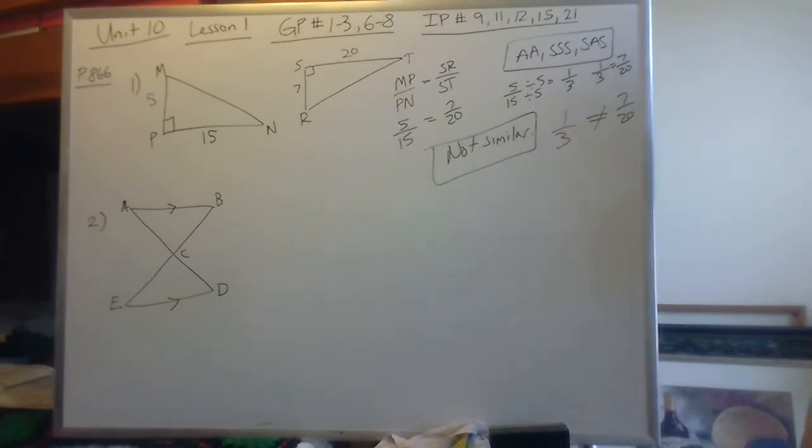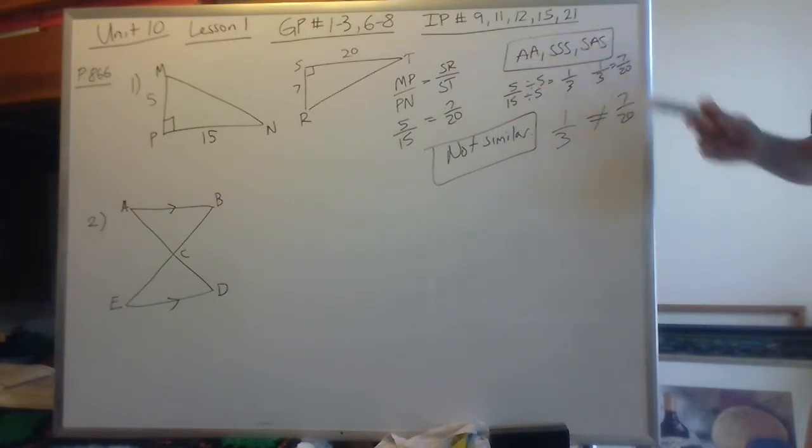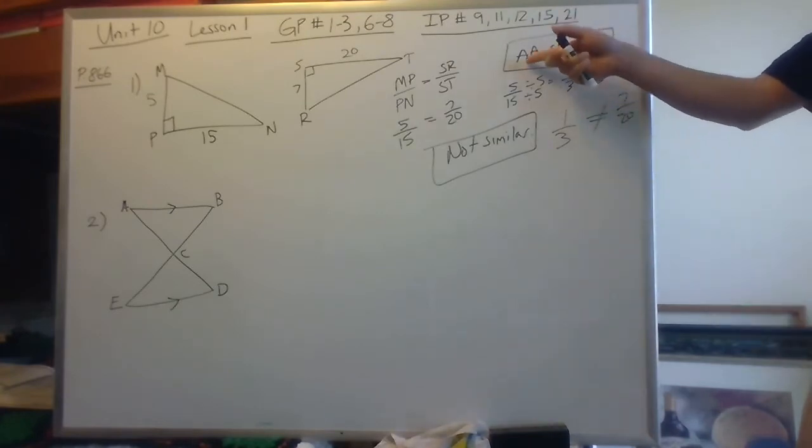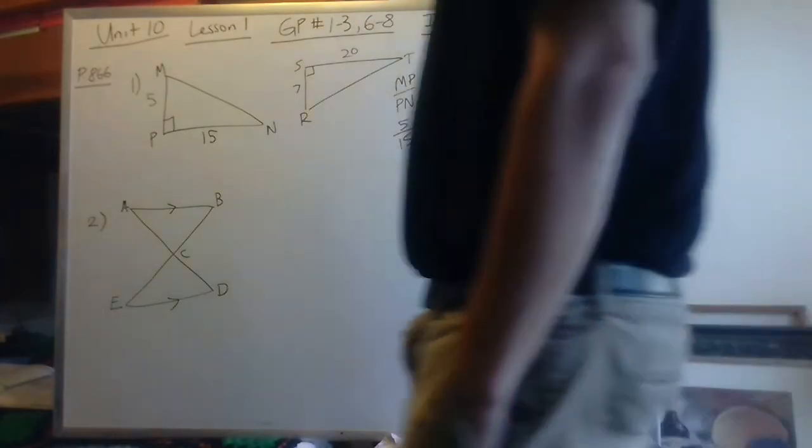And these statements are 3 types of ways that we've looked at to prove that triangles are similar or congruent to one another. And that's angle, angle, side, side, side, and side, angle, side. So those are the 3 types of similarity statements that we are going to look at.